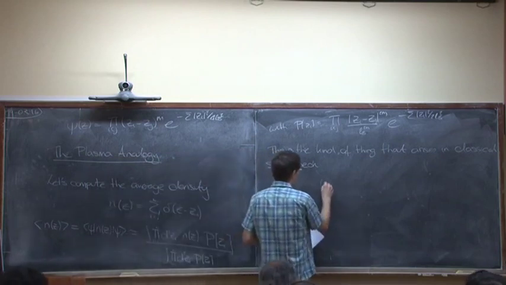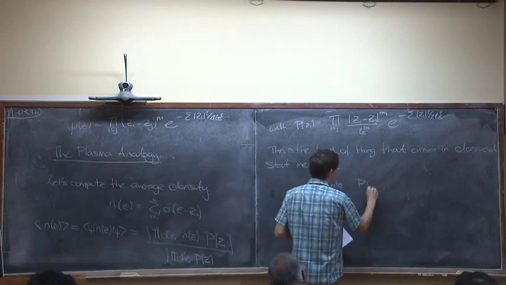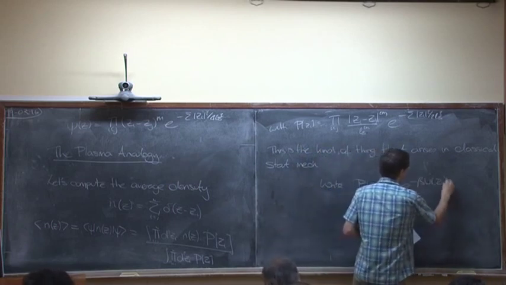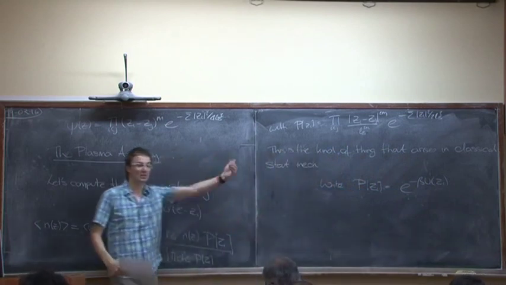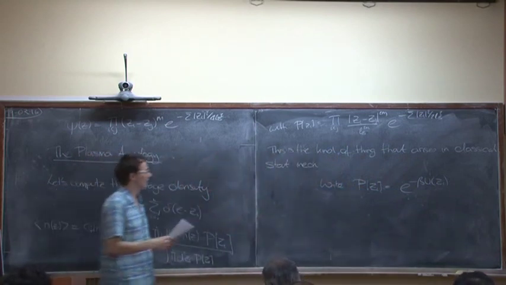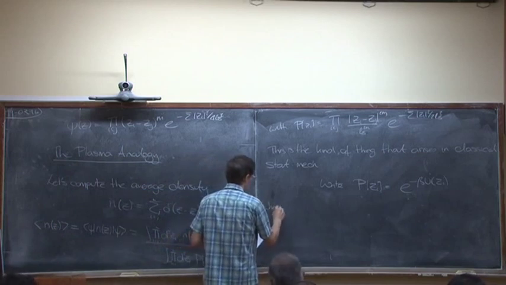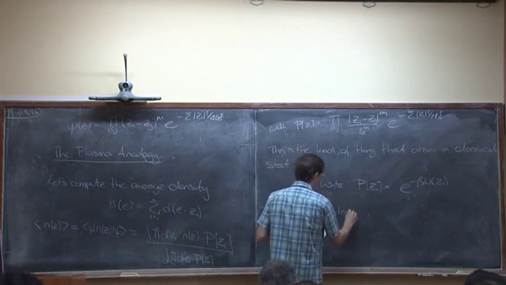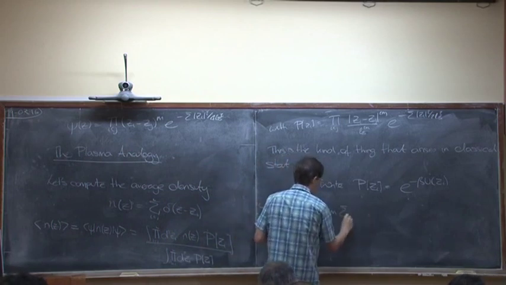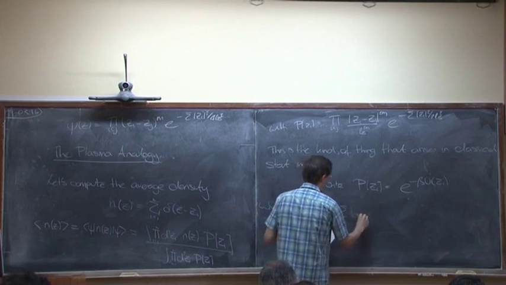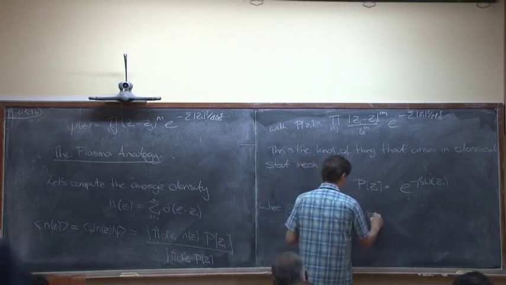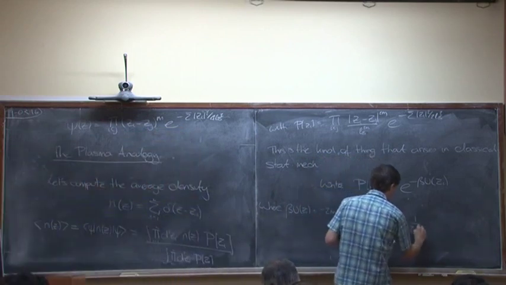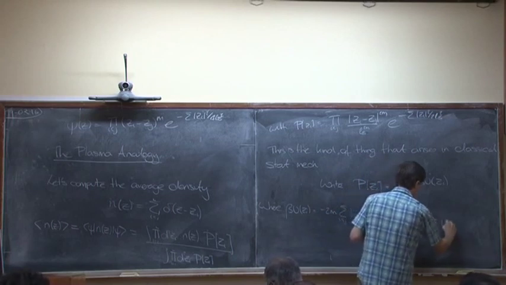I'm going to write P of z to be e to the minus beta U, which is the definition of beta U, where beta U is minus 2m times the sum over i less than j of the log of the modulus of z_i minus z_j, plus 1 over 2 b squared times the sum of the mod z squared.